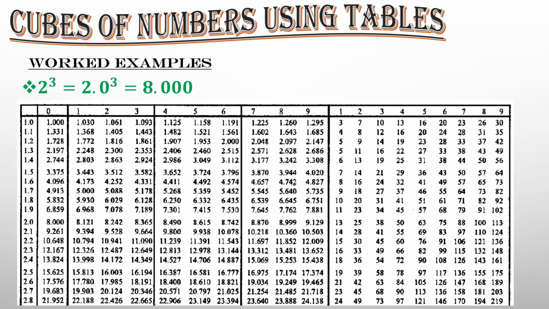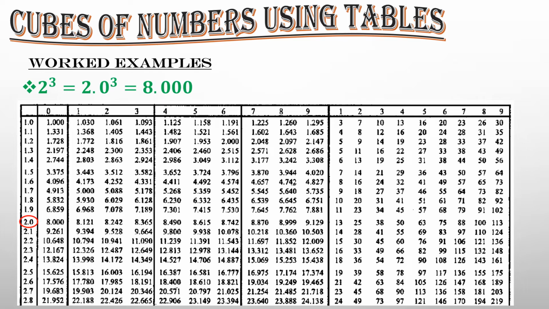It is the column of that number, the whole number with its first decimal. So you check on the X column. Our 2 can be written as 2.0 in this case.